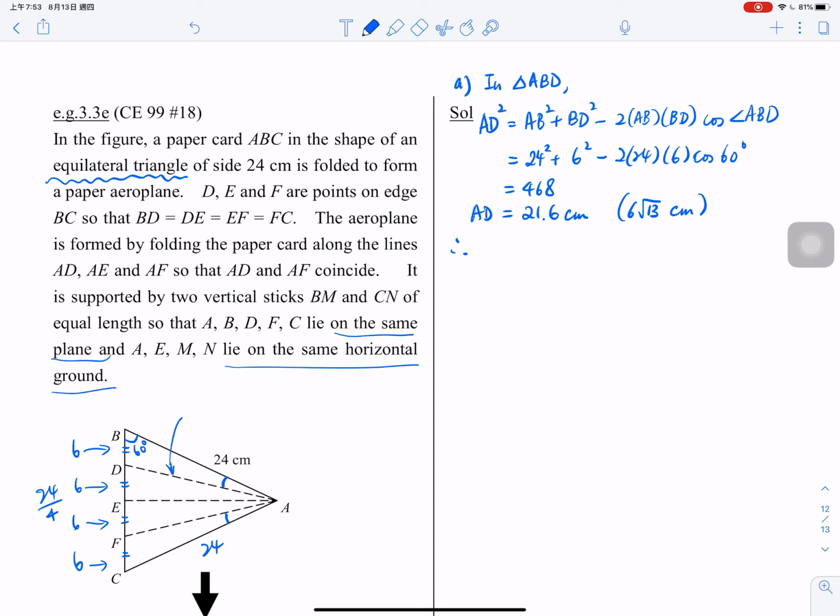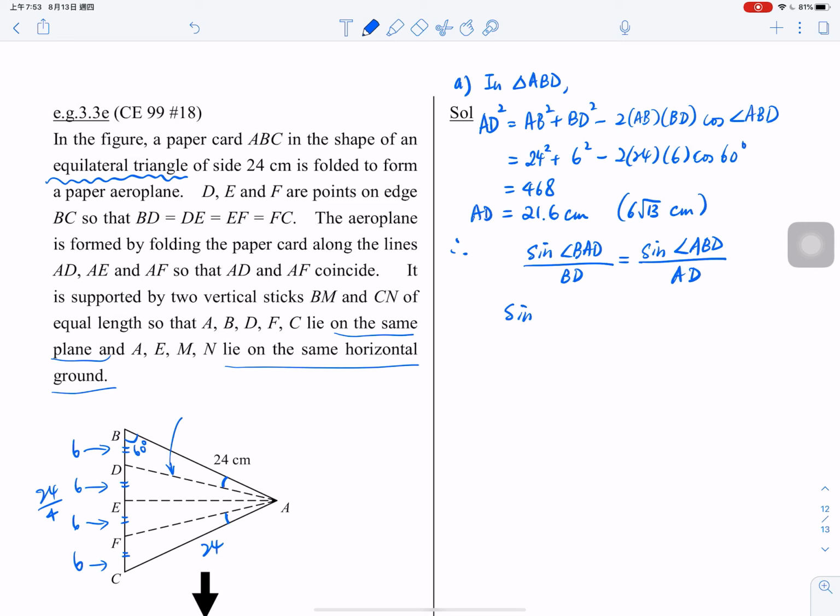Sine angle BAD over BD. Sine formula: this angle is related to BD and this 60 degrees is related to AD, right? So this one is sine angle ABD over AD.